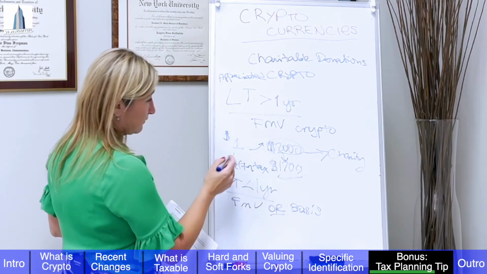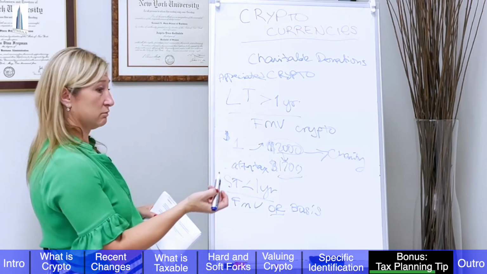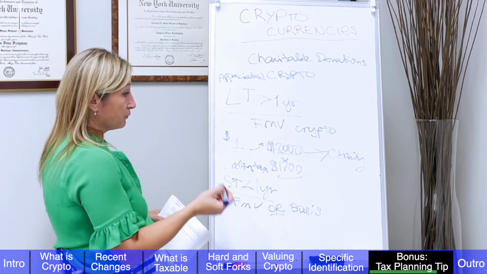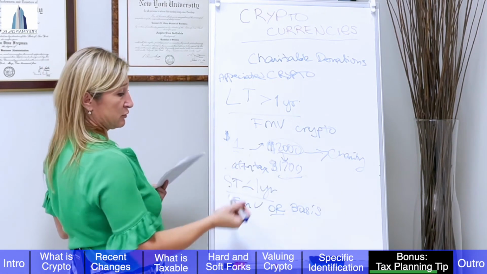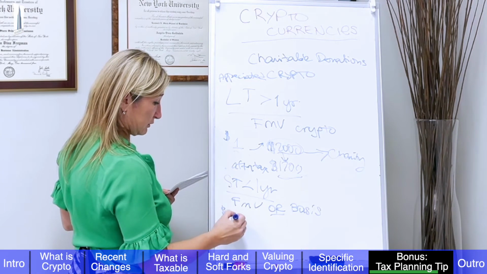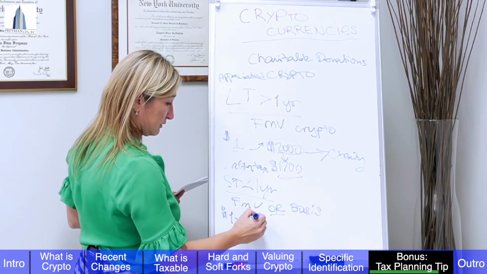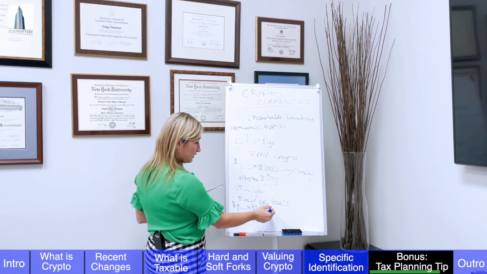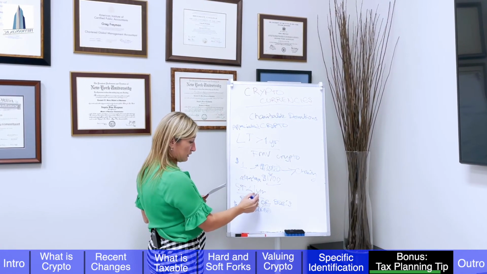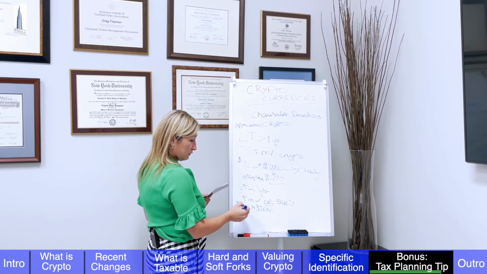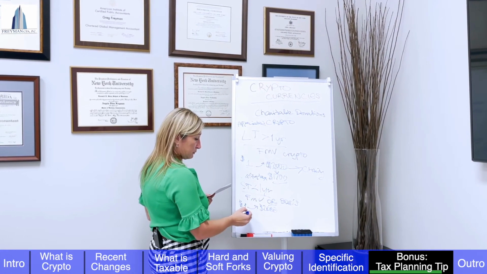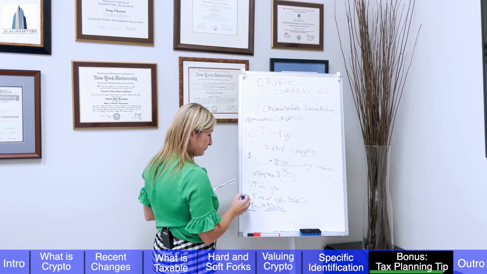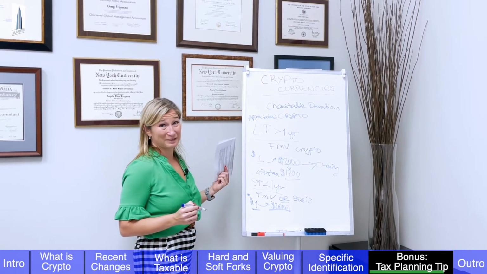So in this case, let's say you bought a Bitcoin or some other cryptocurrency for $1, and this year had been amazing and it went up to $2,000. Well, if you're donating it now to charity, but you held it for less than 1 year, you look at the smaller of your basis or the fair market value, and you get to deduct your basis.